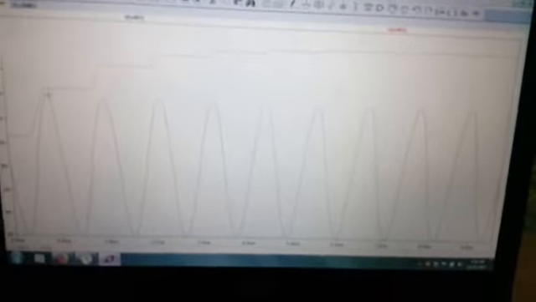Now if I do the simulation, this is the input waveform, which goes from 0 to minus Vm, then plus Vm, and if I see the output across the capacitor C2, now see the variations. It will charge to Vm. There is a difference because we have to consider the practical diode, so there may be a difference of 0.7 volt.